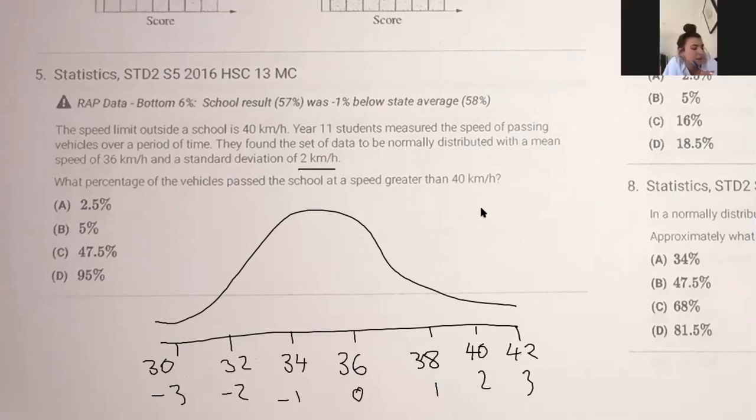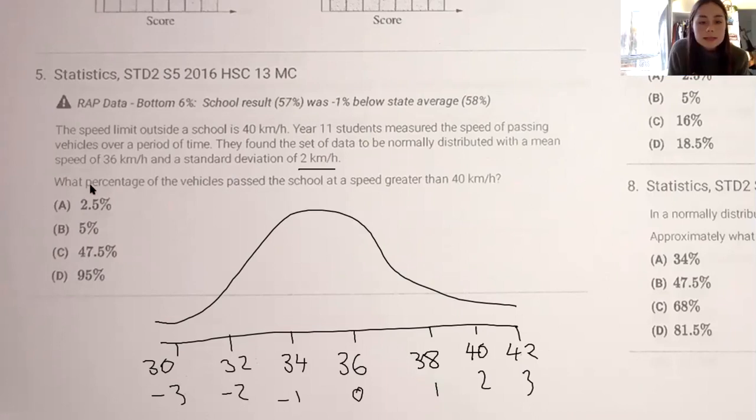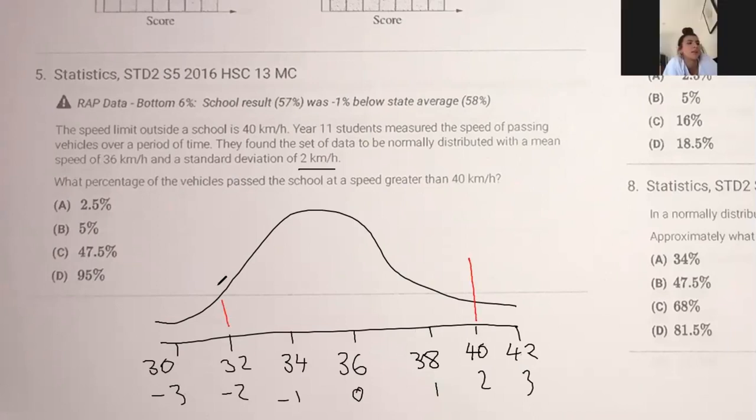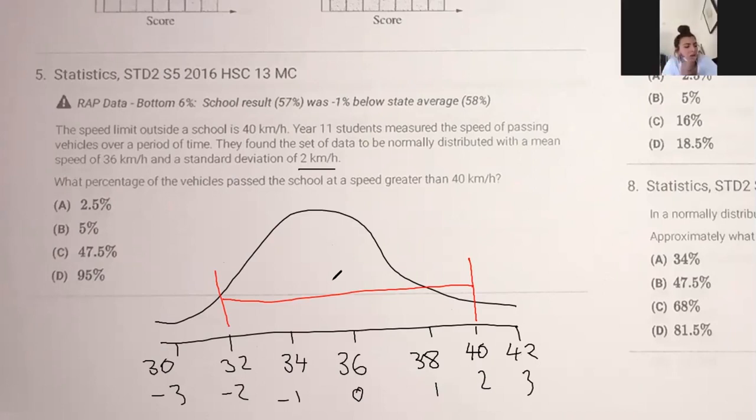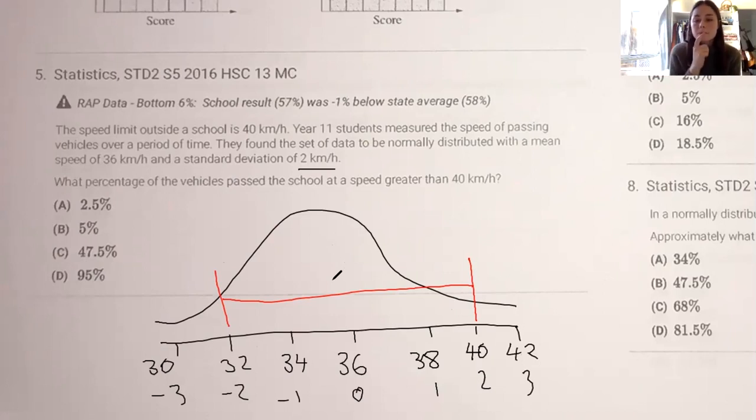So now what do we do? Now it says what percentage of vehicles passed at a speed greater than 40. So we look to where 40 could be. So 40 is here. So what percentage of data is between -2 and 2? It's on your reference sheet.